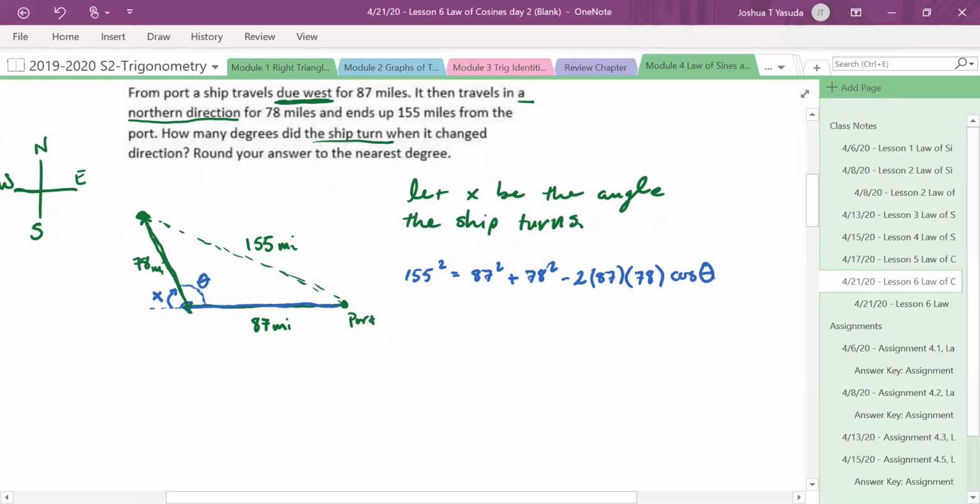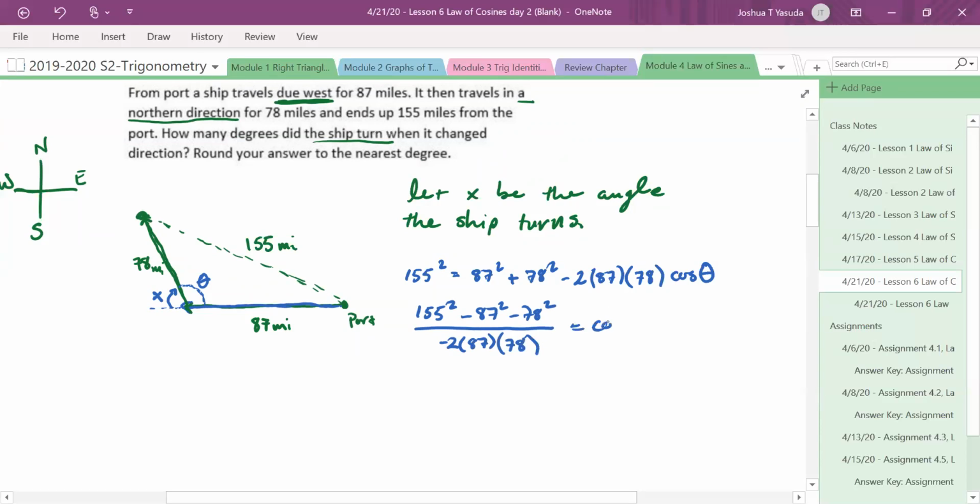If you have a TI Inspire, you can do menu 3-1 if you want. Make sure you're in degrees. I do not. I just have Desmos on my phone, so I'm going to do some quick math. 155 squared minus 87 squared minus 78 squared is all divided by -2 times 87 times 78.